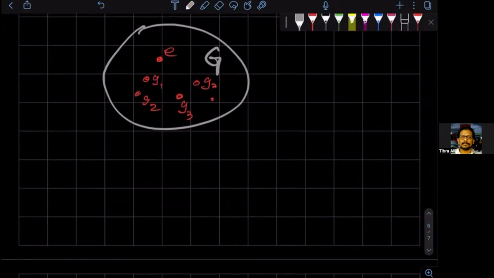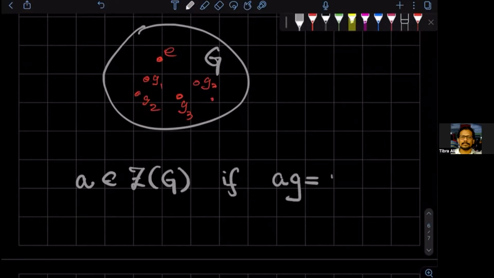In other words, A is in the center of the group G if A times g is equal to g times A for all g in big G.